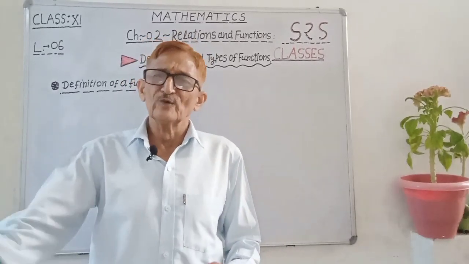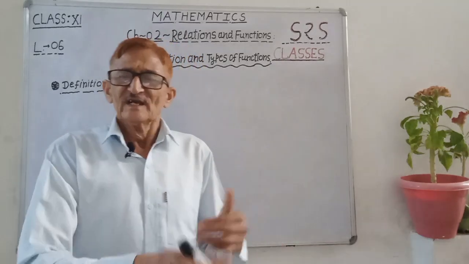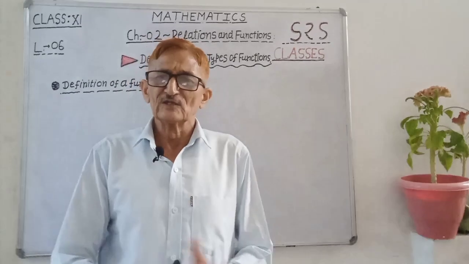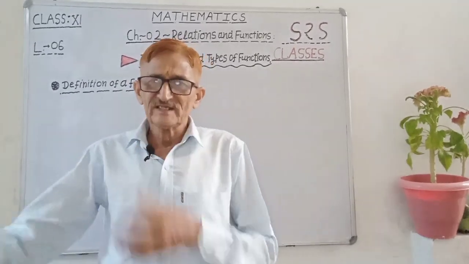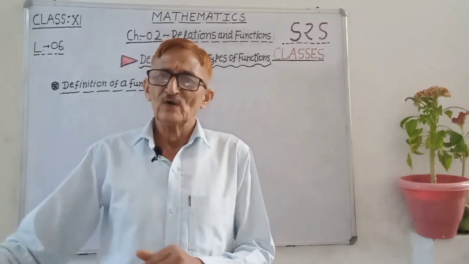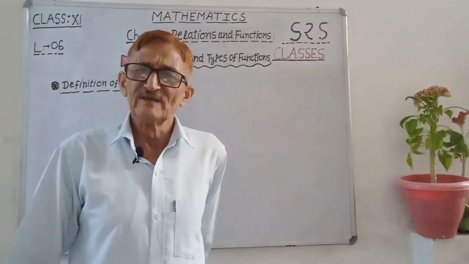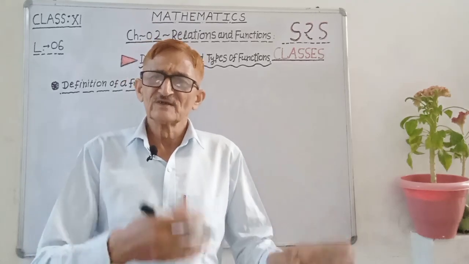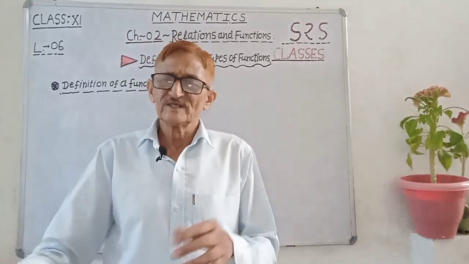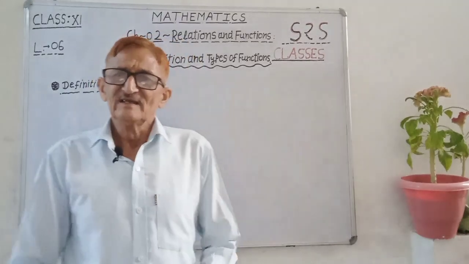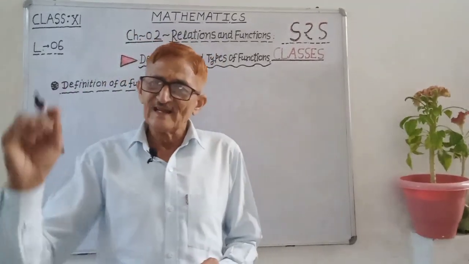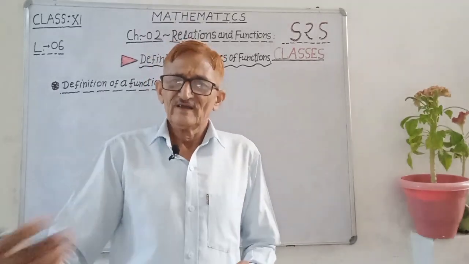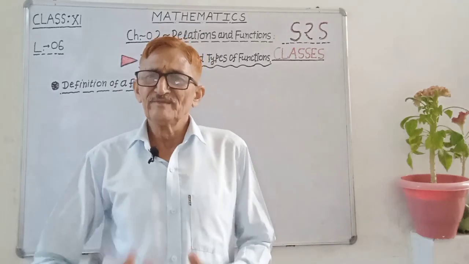Okay. The second set is the codomain, the first set is the domain, and the range set I told you in relation also. It consists of all the images, the second elements of all the ordered pairs made according to the given relationship between the elements of set A and set B. Take the second element from each ordered pair and make one set.